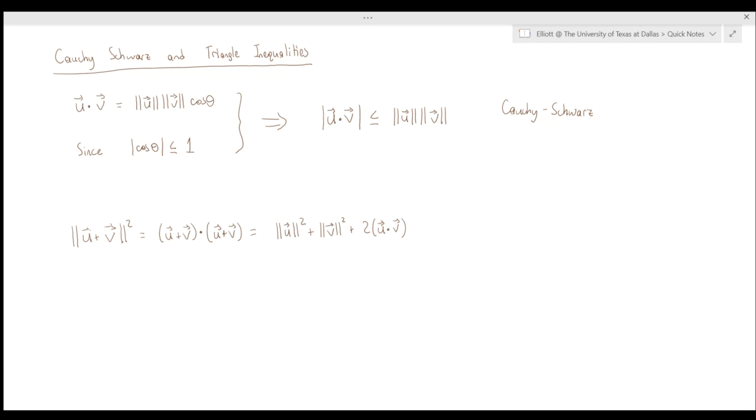If I use the Cauchy-Schwarz inequality here, I can say that this dot product will be less than or equal to the length of u times the length of v.